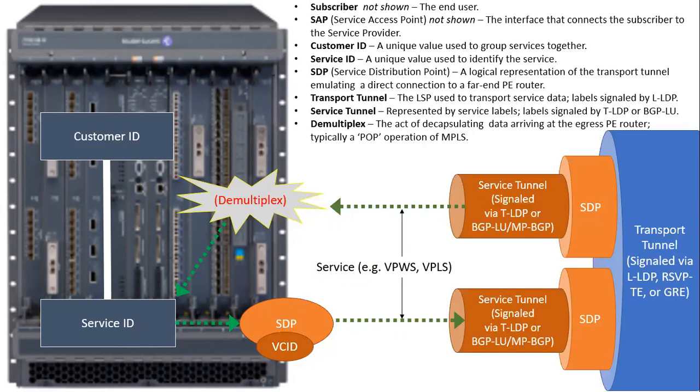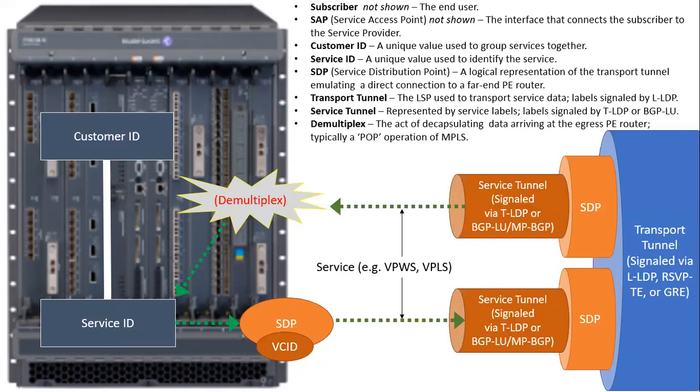And last, there's demultiplex, which is the act of decapsulating data arriving at the egress PE router. It's typically a POP operation of MPLS. So when we say demultiplex, we usually mean that this MPLS packet with a label stack arrives at the egress provider edge router.